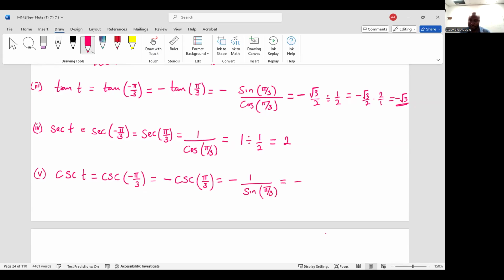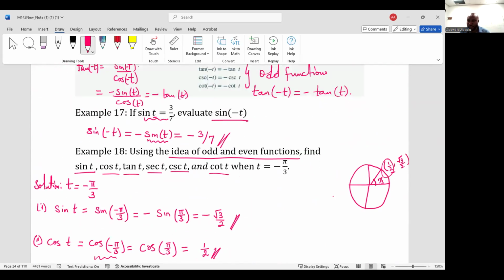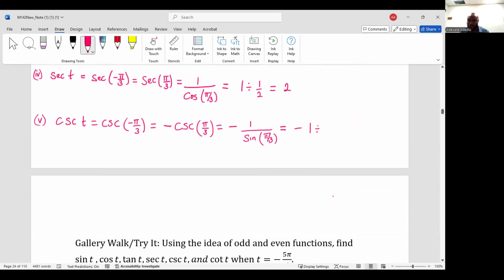So which is minus 1 divided by sine of pi over 3. Sine of pi over 3, that is the y value, root 3 over 2. So that is negative 1 times 2 over root 3, which is negative 2 over root 3.